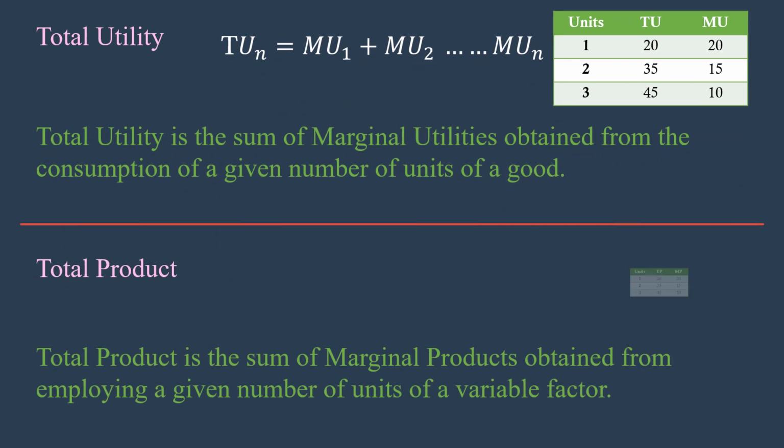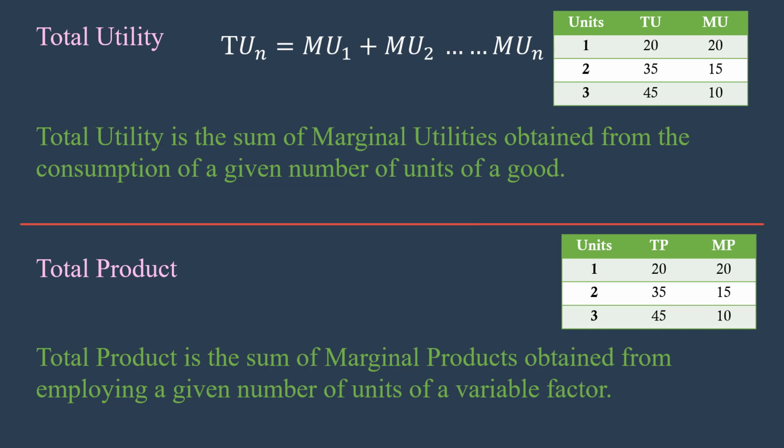As usual, I have given the definition of total utility and total product. Total utility is the sum of marginal utilities obtained from the consumption of a given number of units of a good. Total product is the sum of marginal products obtained from employing a given number of units of a variable factor.